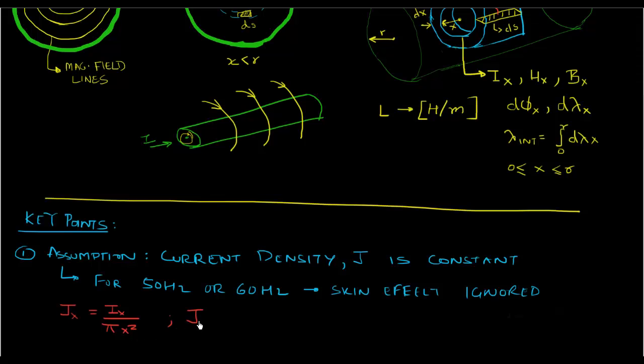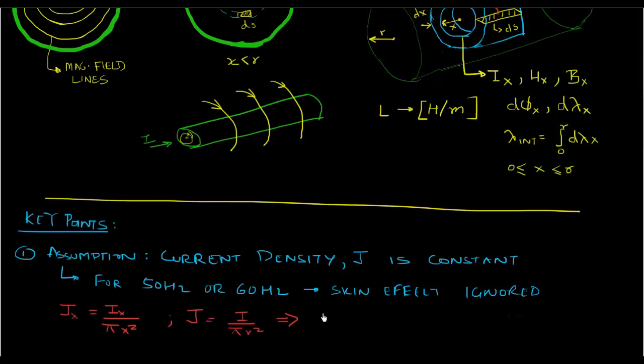And what's the current density for the whole conductor? That's I over pi r square, because I is the current through the conductor and r is the radius of the conductor. If you're assuming that the current density is the same throughout, then at any point x less than r, the current density is going to be the same as I over pi r square.